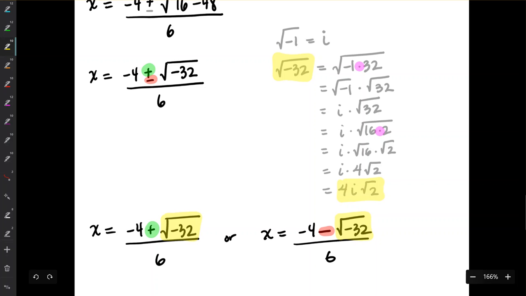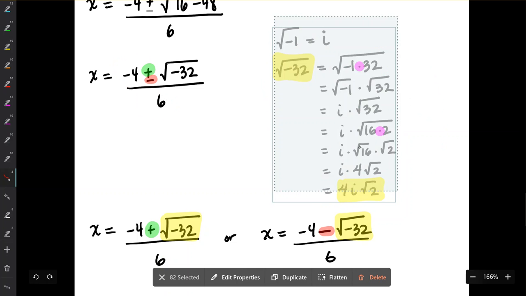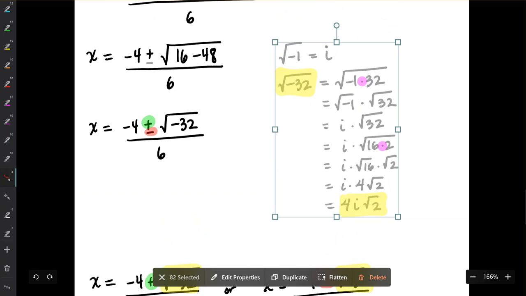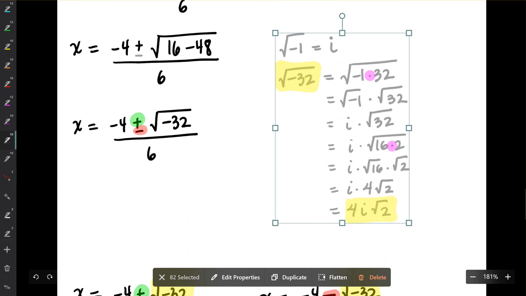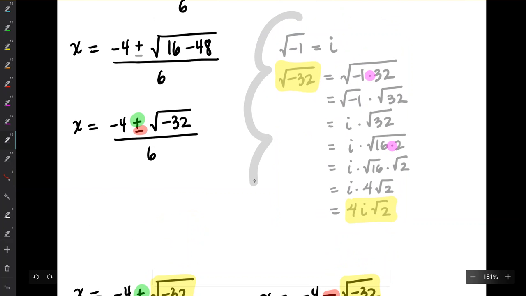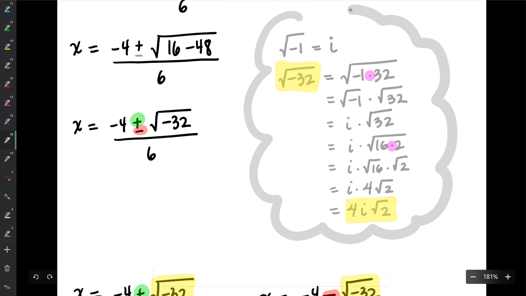And I think that, especially because we're pretty new to this stuff, trying to do all of that simplification while being clouded by the fraction and the plus or minus symbol, it's really helpful to allow yourself a little bit of scratch work for that.